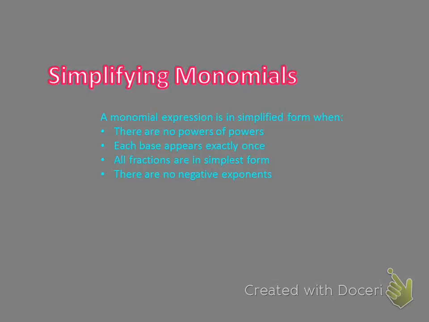That's the key. The other 2, all fractions are in simplest form, so you reduce all fractions. And then the big one, there are no negative exponents. Every exponent has to be positive. You're not simplified if you have negative.